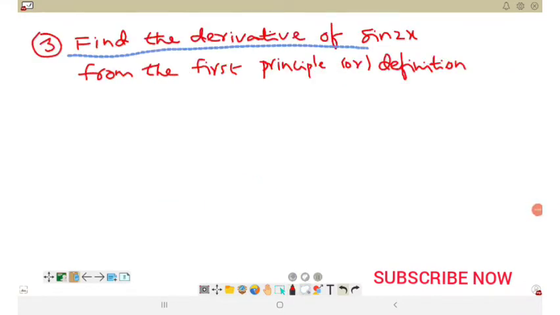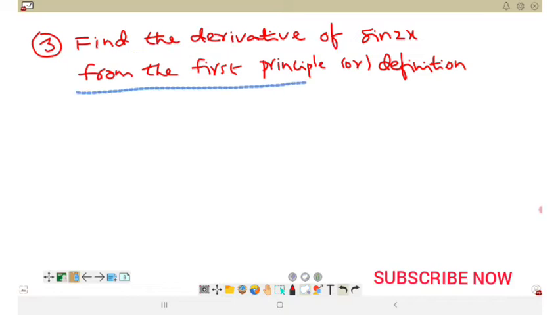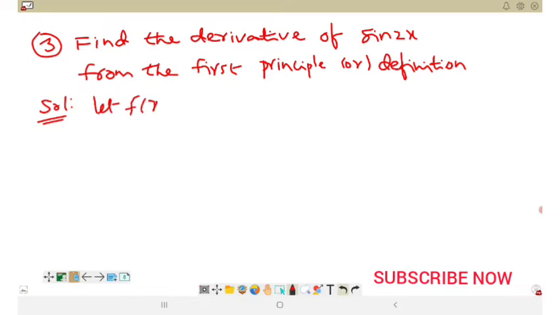Find the derivative of sin 2x from the first principle or definition. Solution: let f of x be the given function, that is sin 2x. Now f of x plus h: substitute x equal to x plus h.